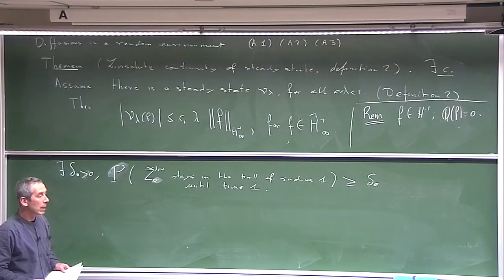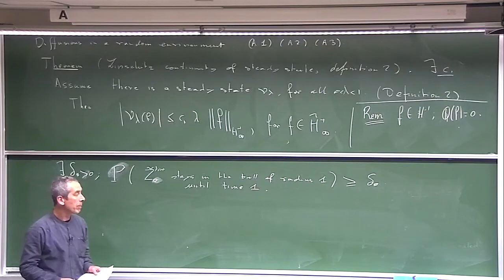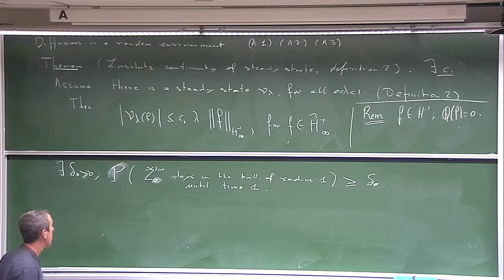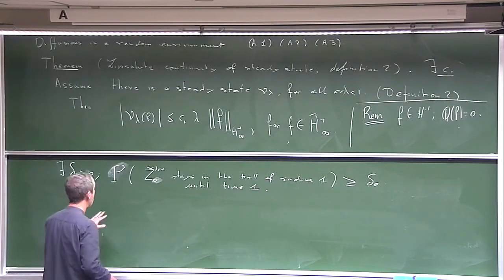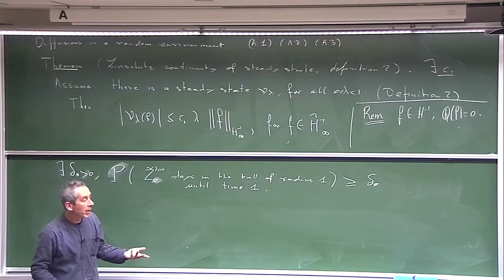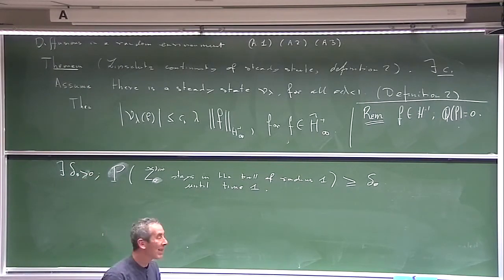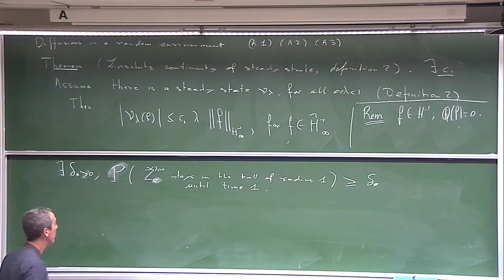Yes, uniformly with respect to lambda. There is no z tilde here, but it doesn't matter, I think, because it is in fact uniform with respect to z tilde, or uniform with respect to omega. So that's why I think it's enough to start from 0.